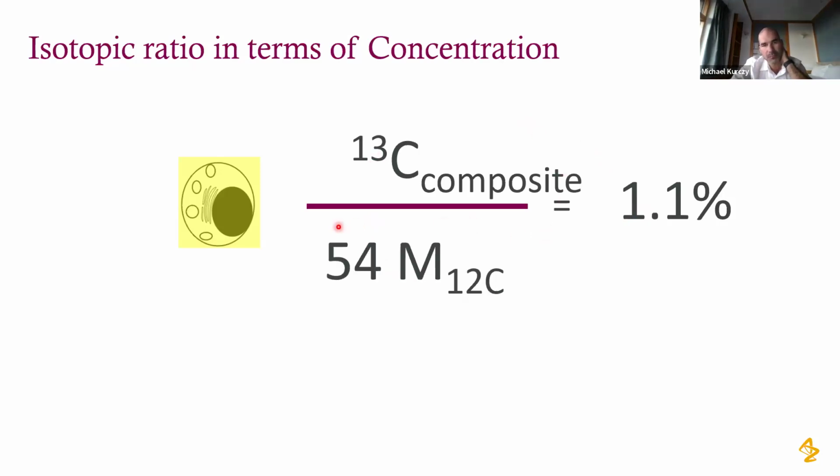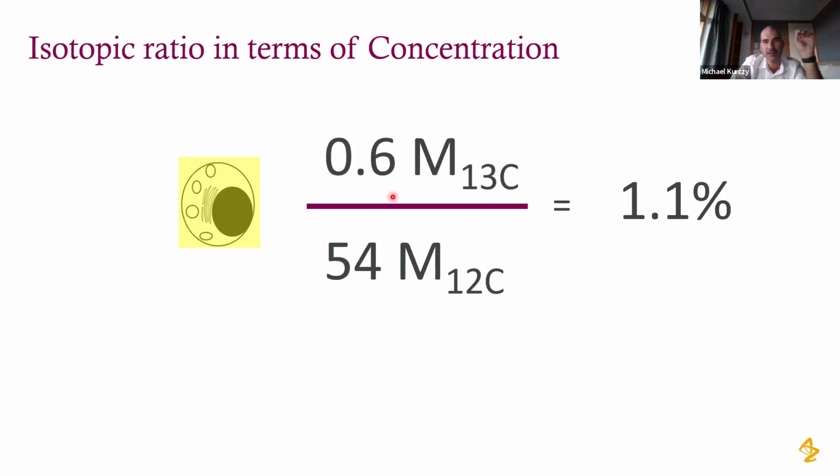And because we know the chemical formula and we know the density of the epoxy, we can calculate that the concentration of carbon in that epoxy is going to be 54 molar. So that means that the concentration of C13 in our epoxy, which we're going to use as a blank sample, is going to be 0.6 molar.